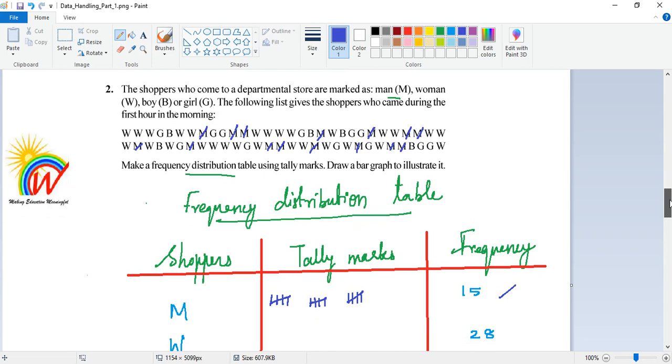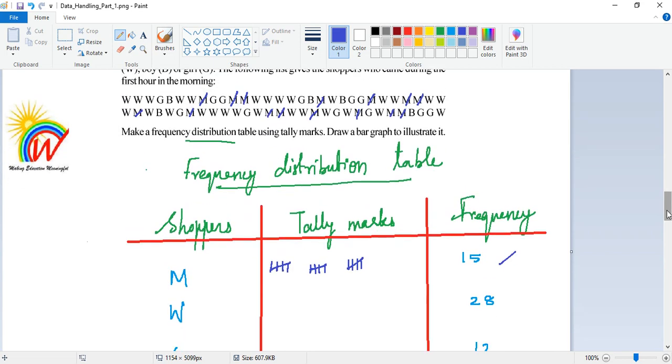So now let's talk about women. So what do I do? I count. So let me use a different pen, okay? So you put a 1, then 2, then 3, then 4, and then a 5. So a cut. Then 6, 7, 8, 9, and 10. So next one, again 1, 2, 3, 4, and 5.